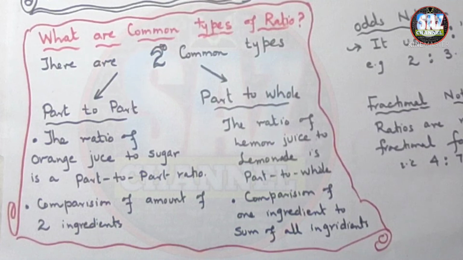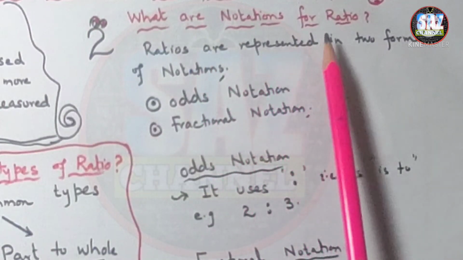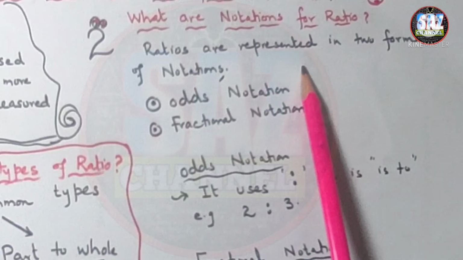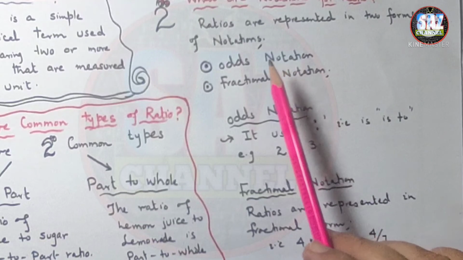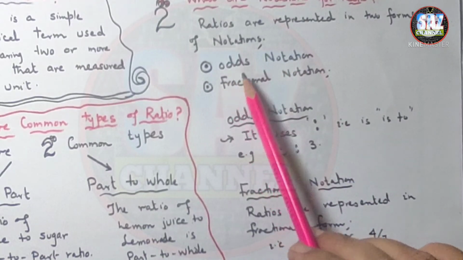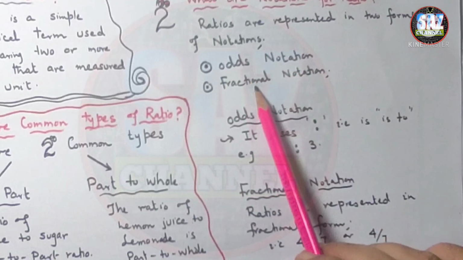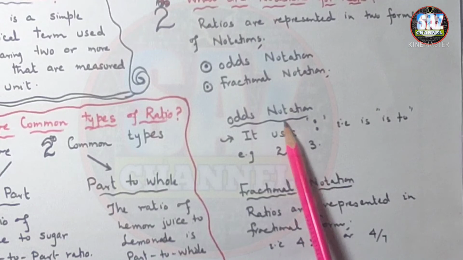Coming to the third important concept of today's class, what are the notations for the ratio, that is, how to write the ratio. Ratios are represented in two forms or notations. The first one is the odds notation and the second is the fractional notation. Let's try to understand what is odds notation.